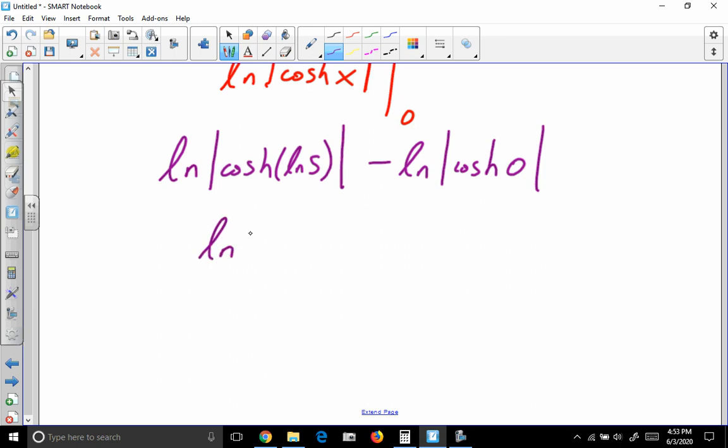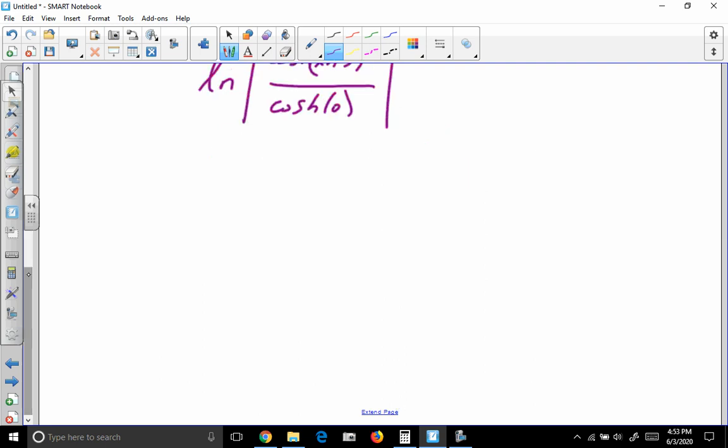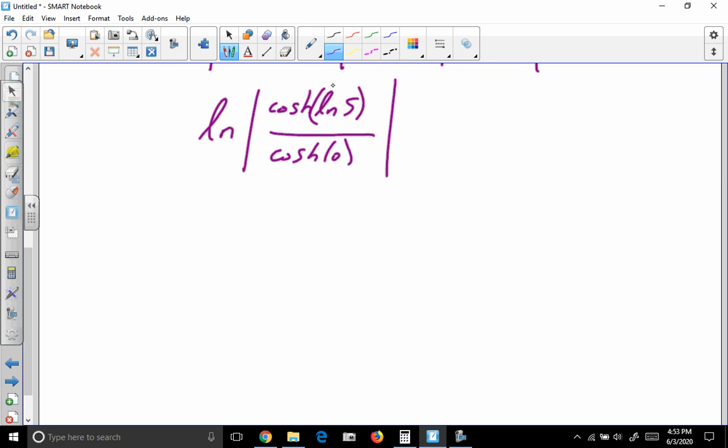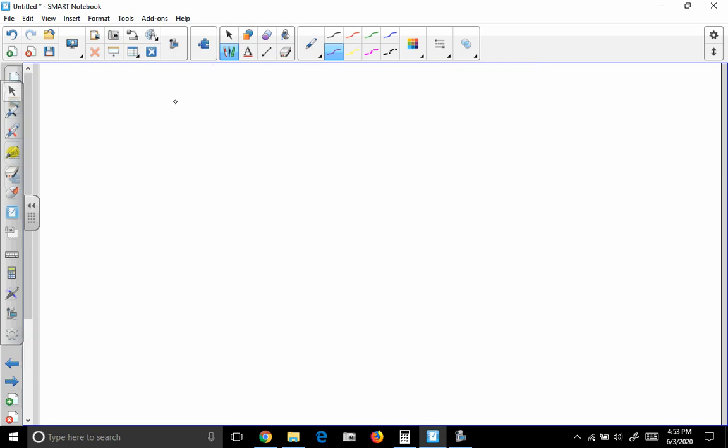Let's just combine those natural logs and call that natural log absolute value of cosh natural log 5 over cosh of 0. So let's calculate that inside part.